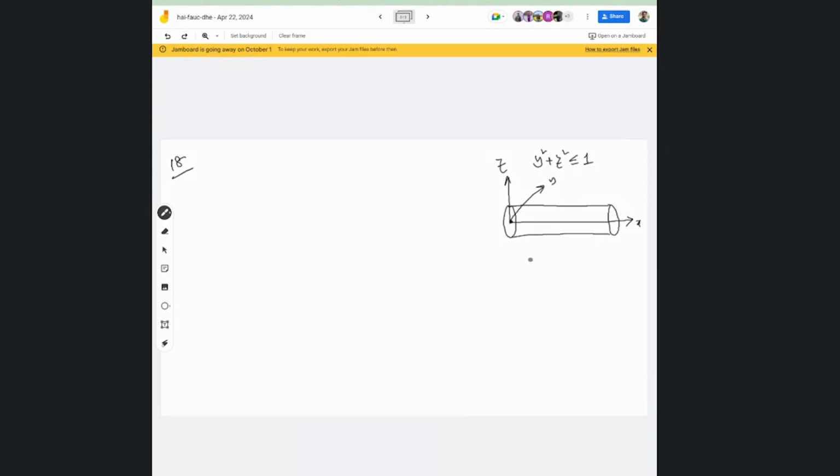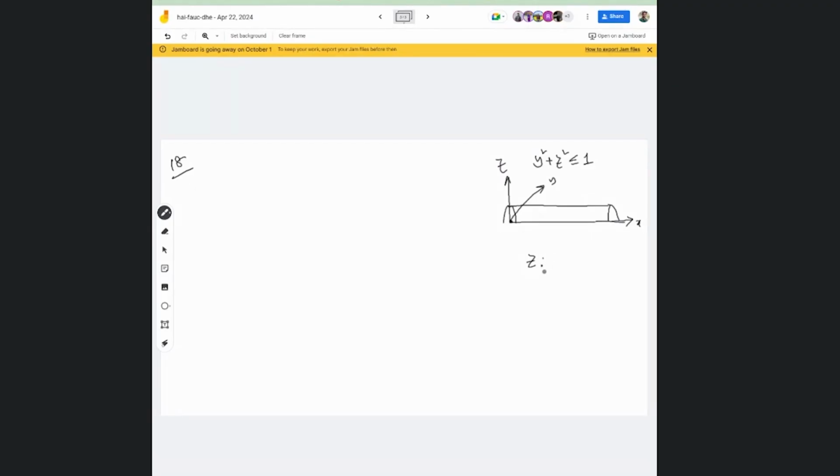What is the limit for z here? Since the first octant is given, only the positive part of z will be considered, that means this part will be deleted here, right? This part will be deleted. Can you delete it like that?